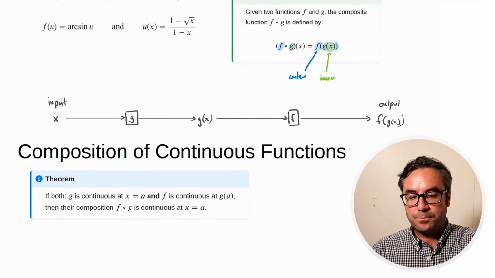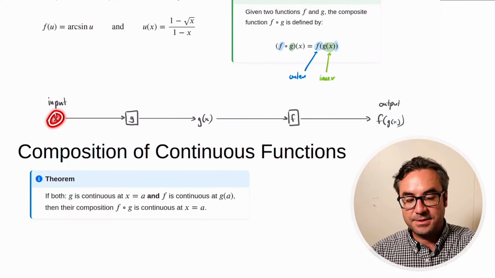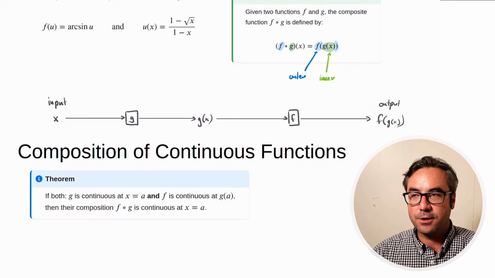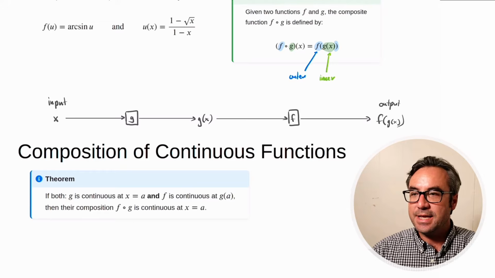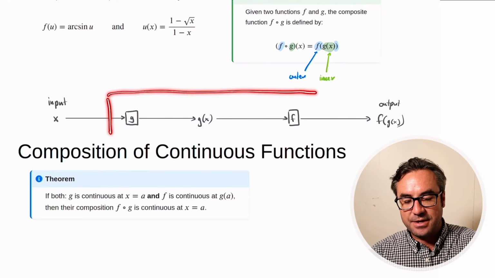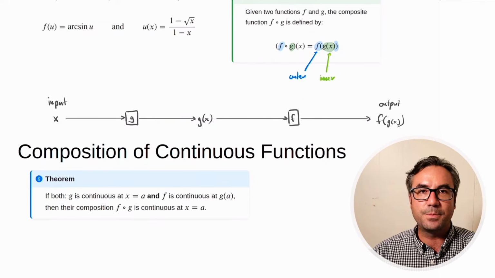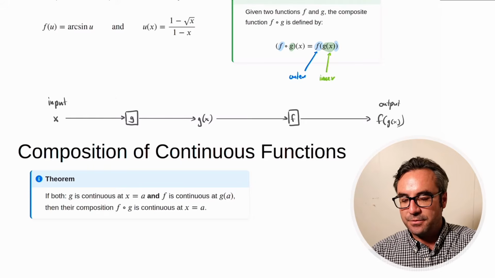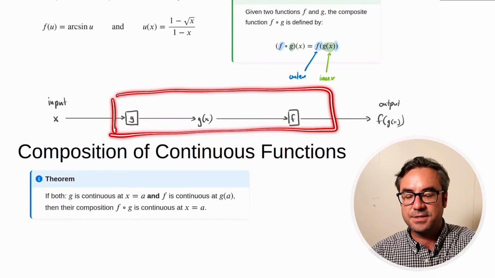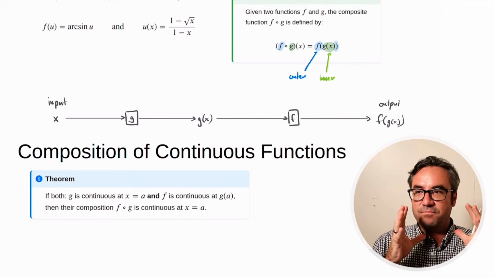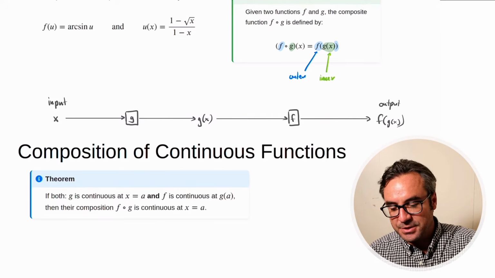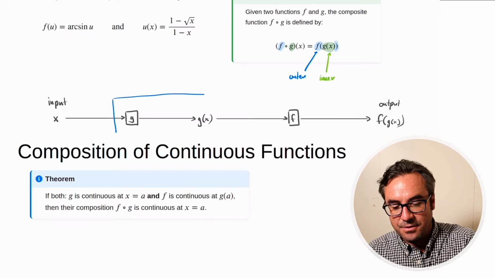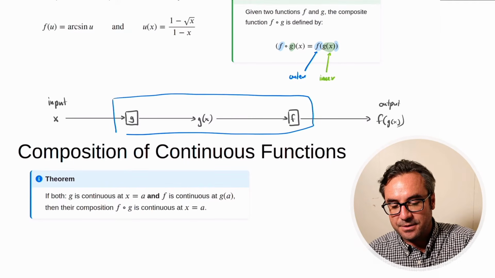So we have our input x, we have our final output here, and the way to think of the composition is you can think of it as grouping these two, viewing this entire process as just one formula. So the composition is just this entire process here.